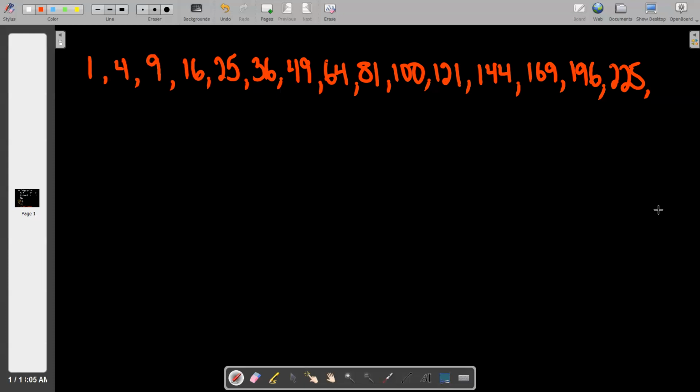So after 225, 256. After 256, 289. And if you're wondering, does Tegan have these memorized? Of course she doesn't. I see what she's doing. She's doing exactly what you at this point ought to be doing. And understand that we can generate these by just multiplying the next number in line by himself.